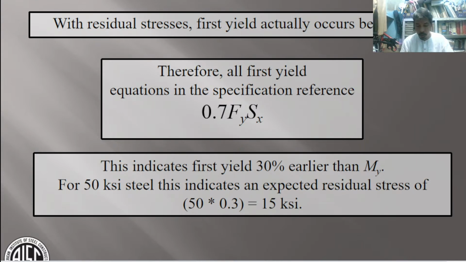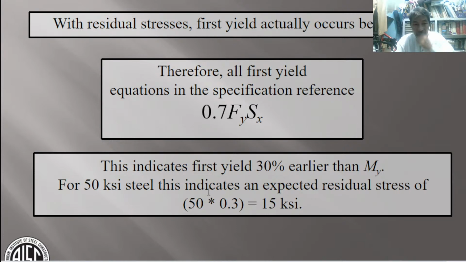So how can we develop that concept? Therefore, the first yield equation in the specification reference, we'll have 0.7 FySx. Okay, this indicates first yield 30% earlier than My.